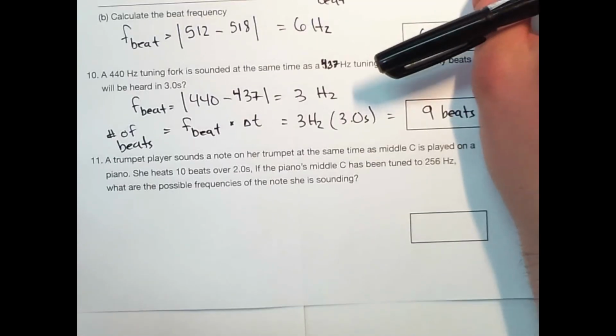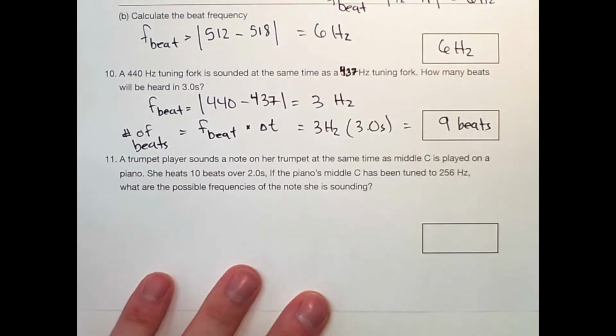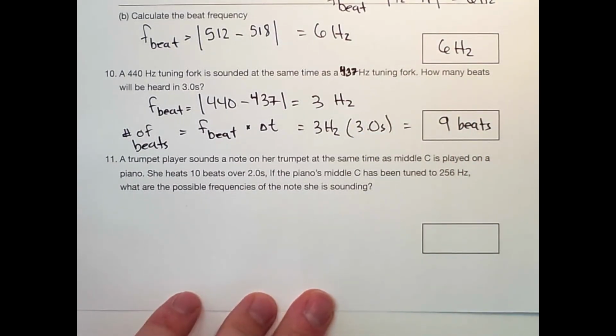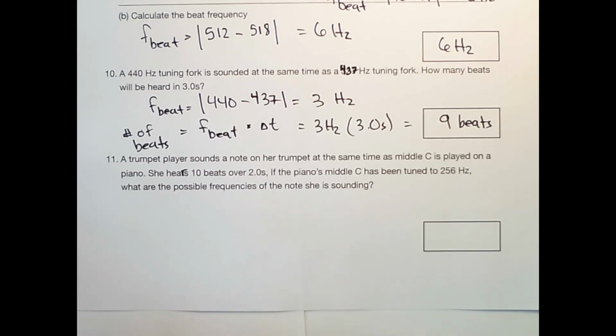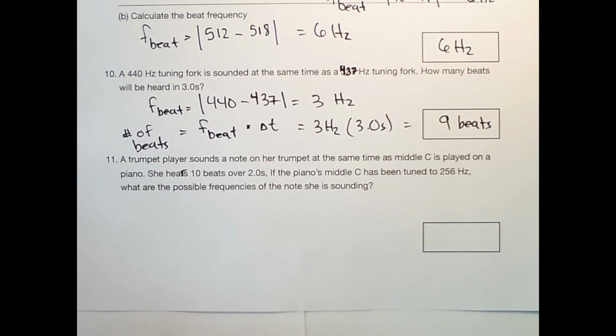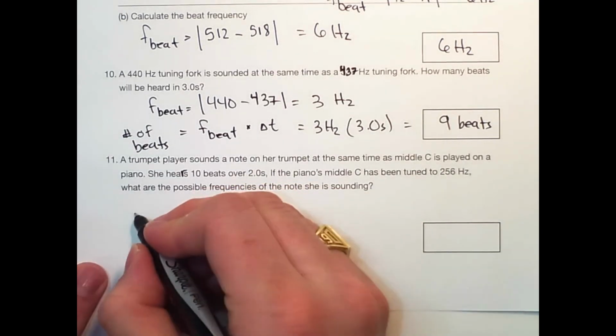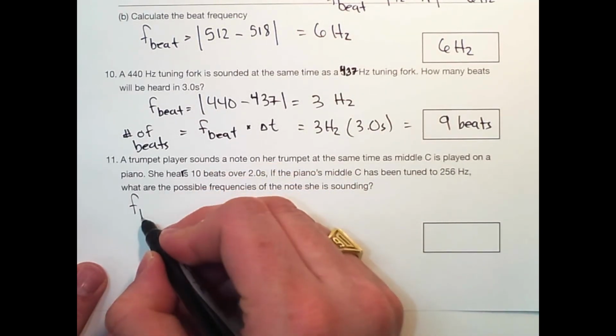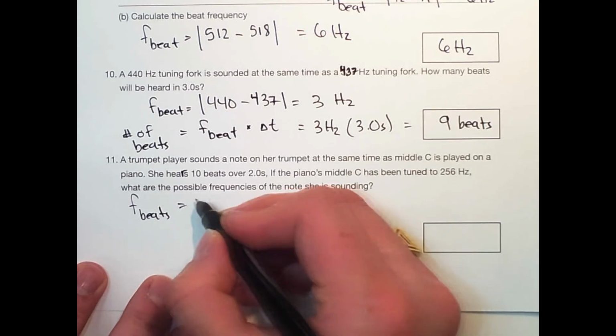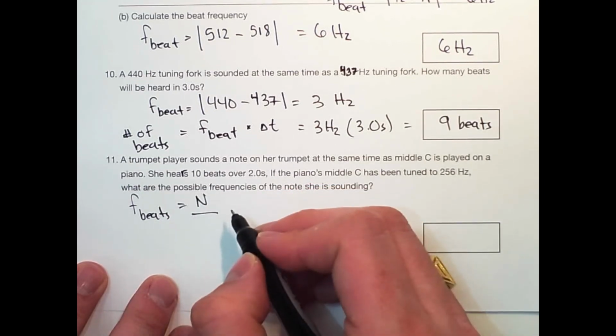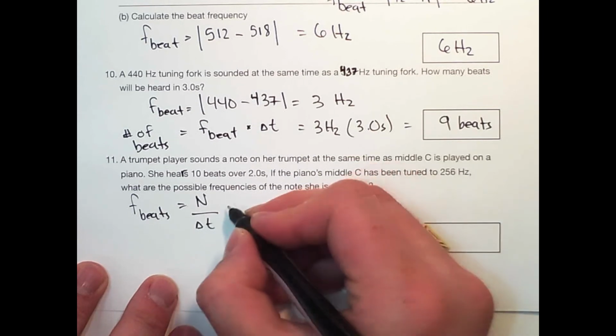Number 11 is a very good question with regards to beats. A trumpet player sounds a note on her trumpet at the same time as middle C is played on the piano. She hears 10 beats over 2 seconds. If the piano's middle C has been tuned to 256 hertz, what are the possible frequencies of the note she is sounding? Anytime we have frequency, even though it's beats, it's equal to the number of cycles divided by the time you were listening.